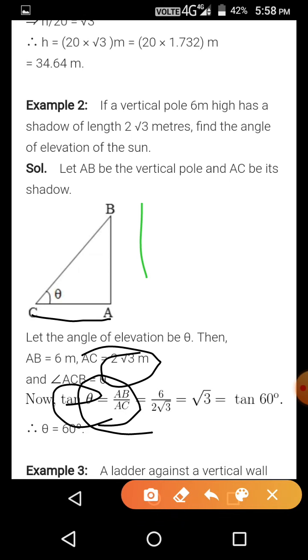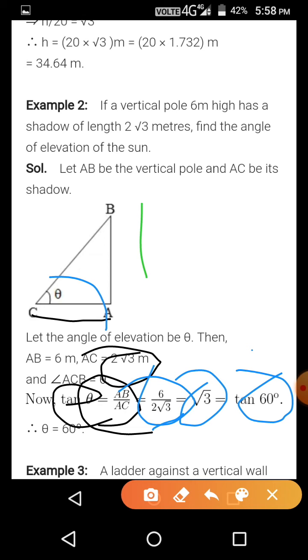What is given is a 6 meter height. So AB is 6 and AC is 2 root 3. If you divide, 6 by 2 is 3, and 3 by root 3 is root 3. So tan theta is root 3, which means 60 degrees. So this angle must be 60 degrees. This is how you solve this question.